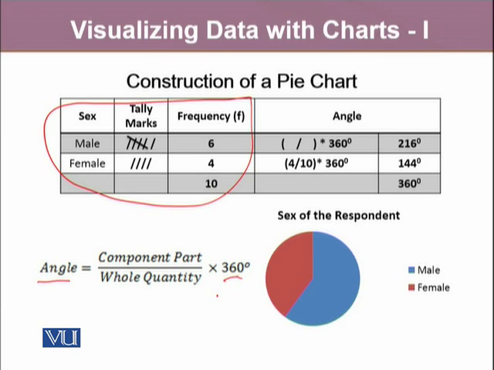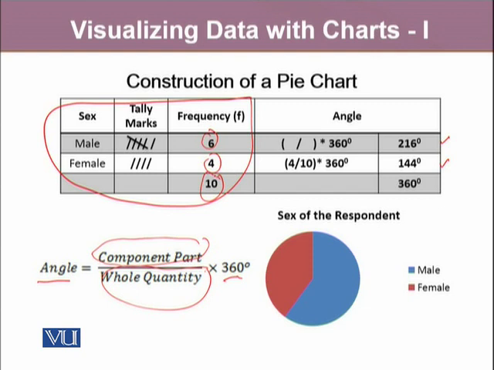Therefore, one angle is going to be for the first category, that is male, and the other angle is going to be for the second category, that's female. Where we need a component part that is divided by the whole quantity. In this data, 6 and 4 are the component parts for the males and females respectively, and 10 is the whole quantity.